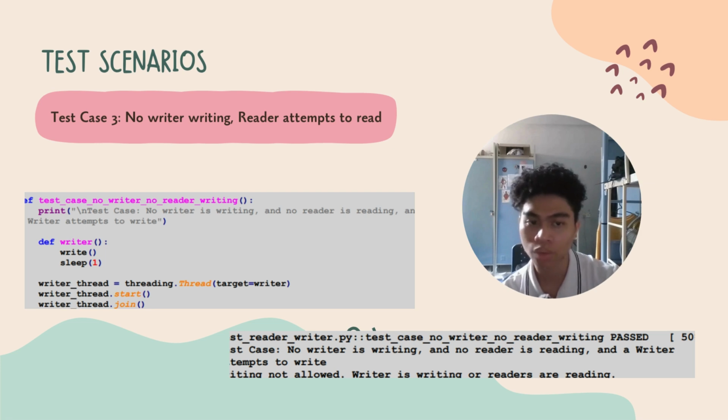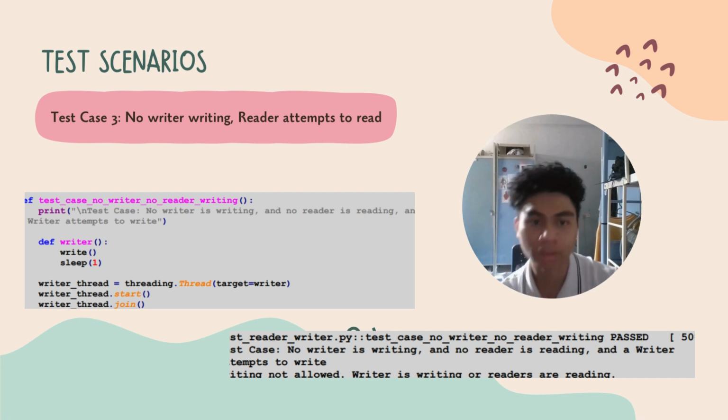If either of these conditions is true, the writer is not allowed to write and has to wait. Okay, it means that if any reader is reading, or if any writer is waiting to write, the writer is not allowed to write.